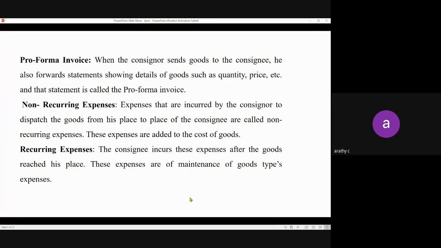Next is the proforma invoice. This is also a main term used in consignment. It is a statement sent by the consigner to the consignee along with the goods sent.